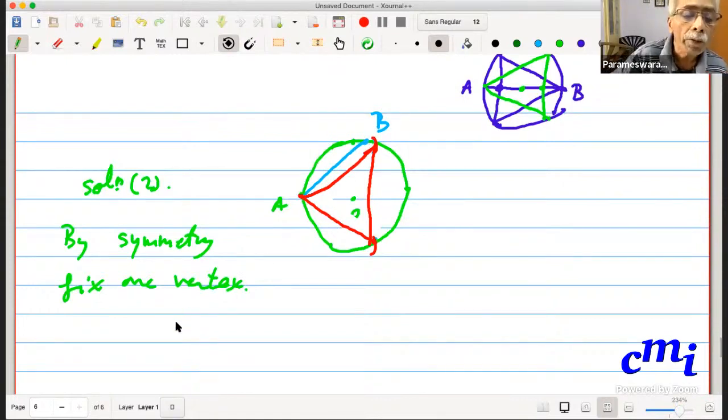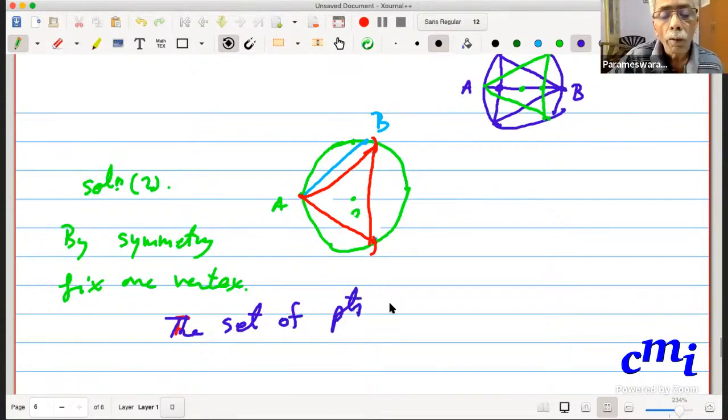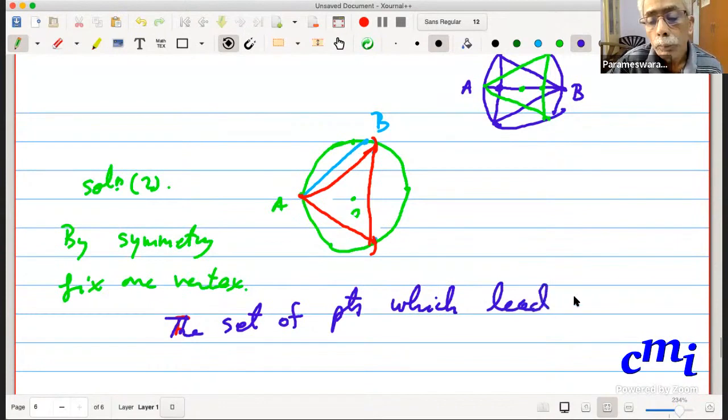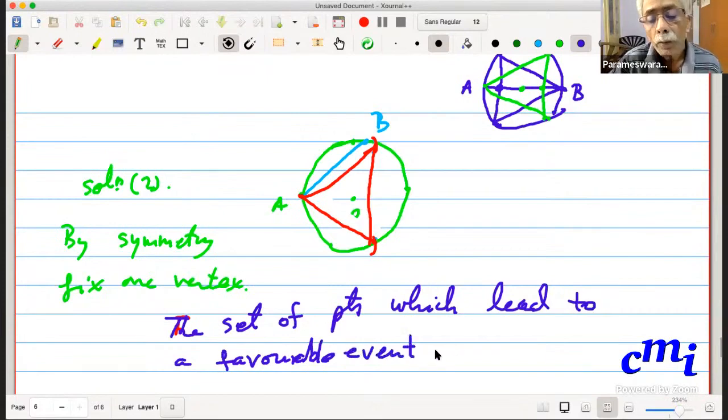So the probability of success. The set of favorable points is equal to the arc.